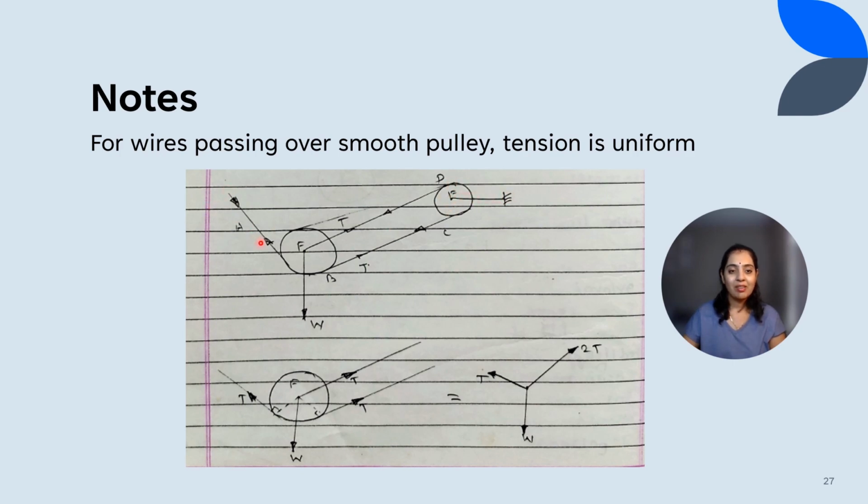So in this rope there is tension T and which is uniform throughout the rope. So this is how the free body diagram is drawn. And T, this T, 2T means these two T's and weight W acting vertically down.